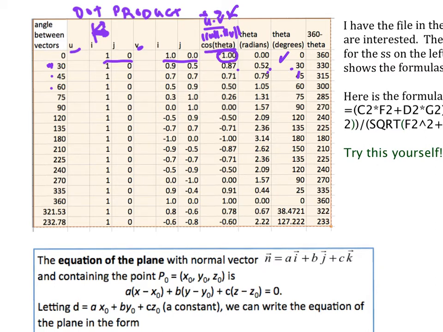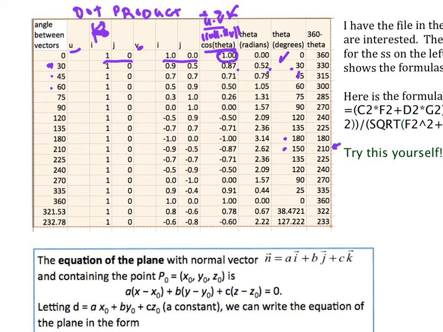Now if I keep on doing this, I got to be a little bit careful, because all of a sudden, once I get past 180, things change a little bit. Notice that my angle measurement doesn't turn out to be correct. That's why the theorem stated in between 0 and 180 for what we had.